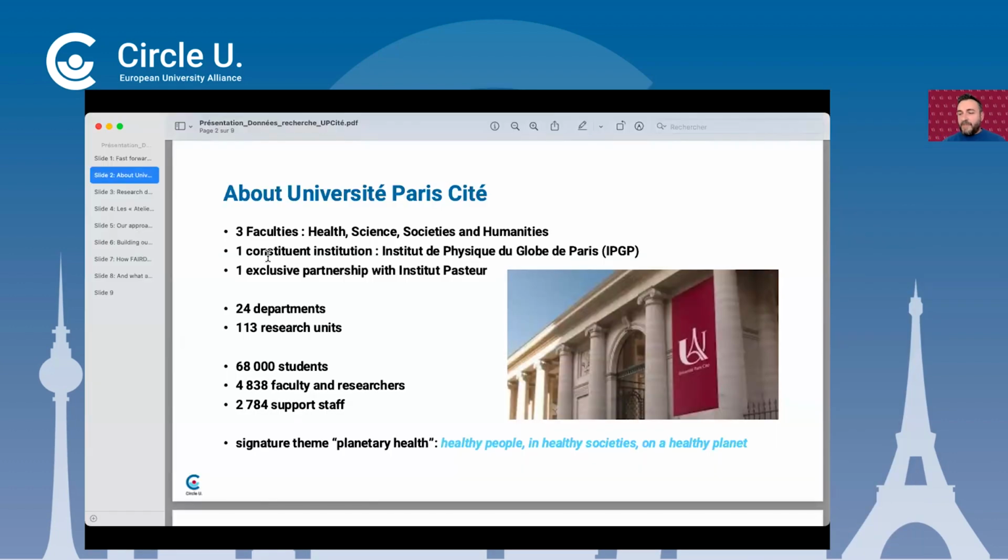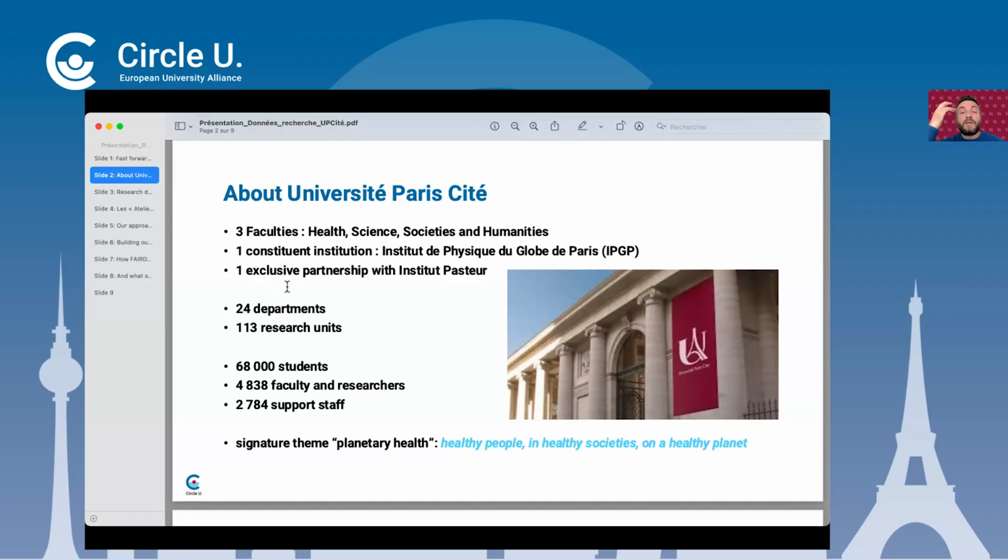A few words about Université Paris Cité. Université Paris Cité is a comprehensive and research-intensive university. It brings together three faculties: health, sciences, and societies and humanities, as well as 24 departments and 113 research units.